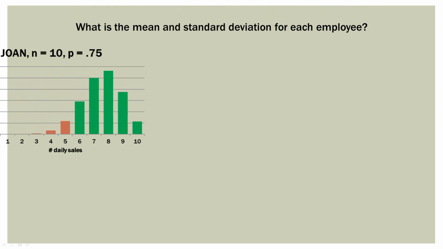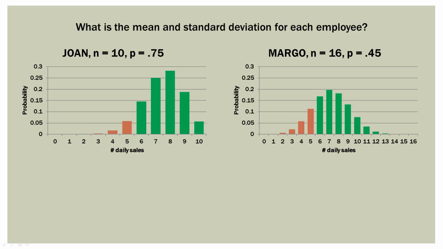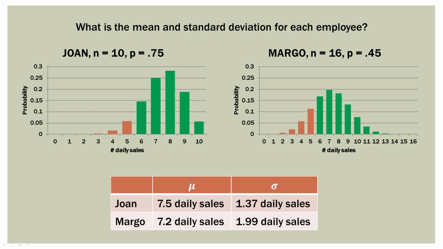So, what is the mean and standard deviation for each employee? So there's Joan's chart and there's Margot's chart. So for Joan, her expected value or expected number of sales per day is 7.5 daily sales. If you look at her graph, you can see that's right between, obviously, the 7 and the 8, which is right between the two highest bars for Joan.